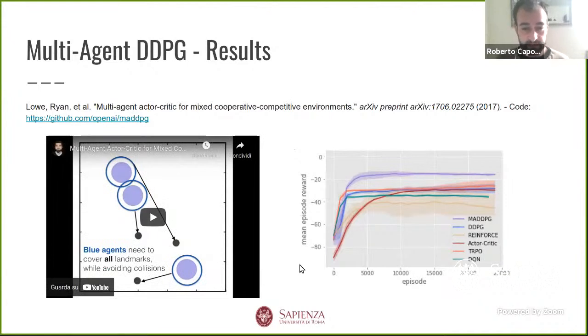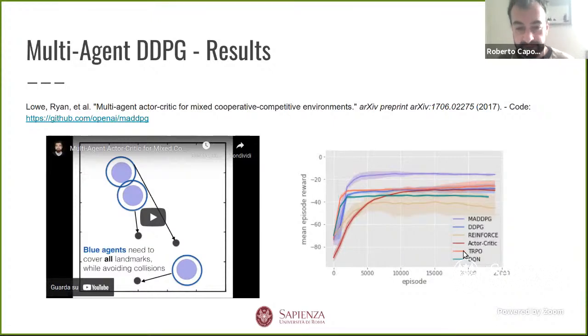Now there is a video, but before we do this, in this paper, they are basically comparing multi-agent DDPG with independent learners, each of which runs one of these algorithms, being specifically DDPG, REINFORCE, actor critic, TRPO, and DQN.